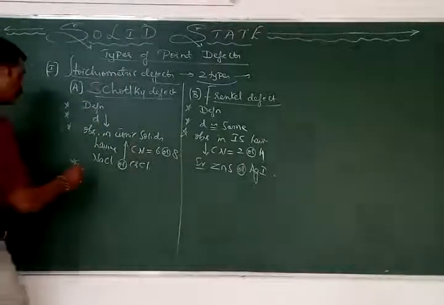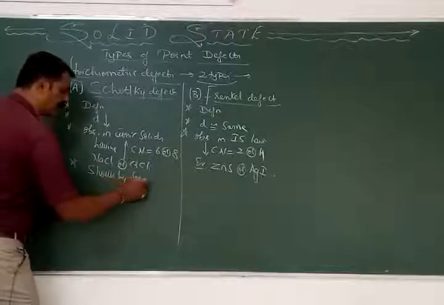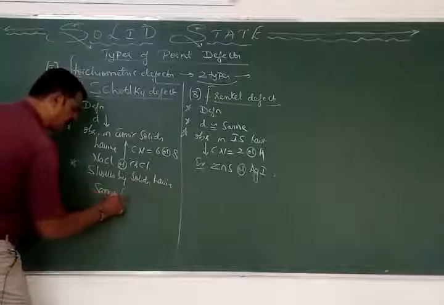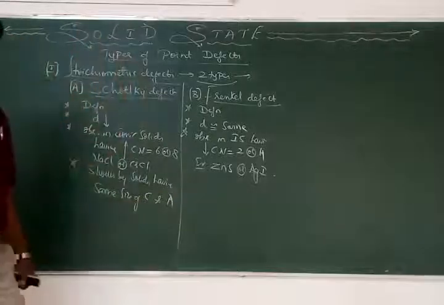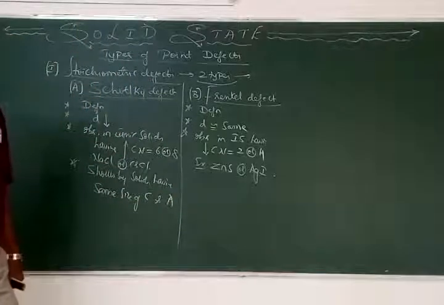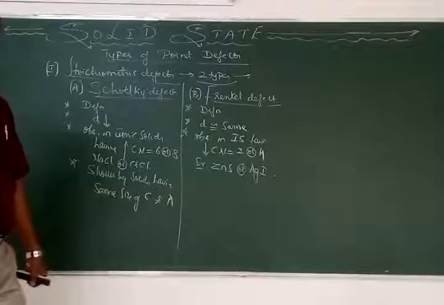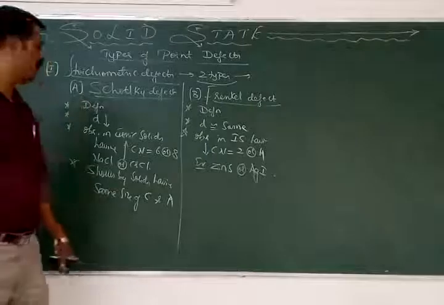This is shown by ionic solids having the same size of cations and anions. Means the same size of both the cations and the anions.